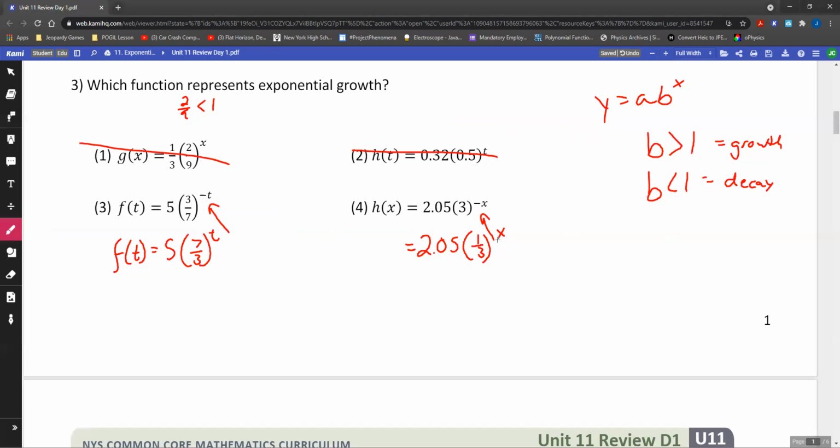From here, I can see that this number is greater than 1, and this number is less than 1. So this is my growth function. So pay attention to the exponents. Everything that we've been doing with exponential growth and decay is based off of the assumption that the exponent is positive.